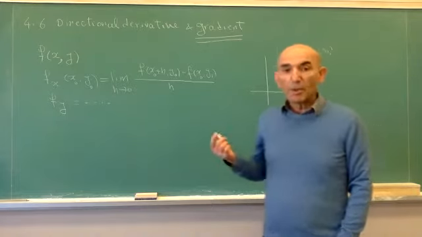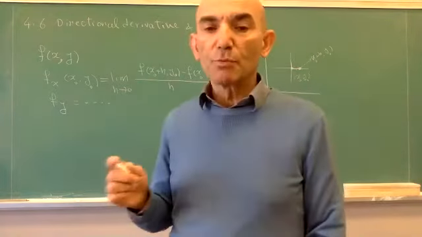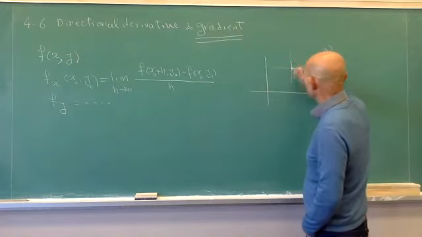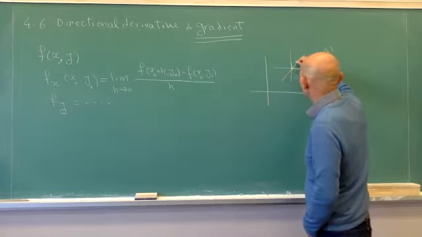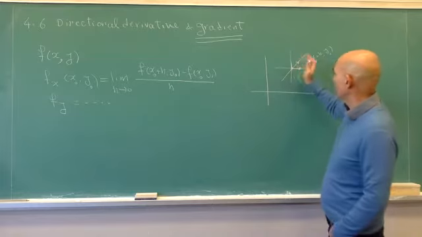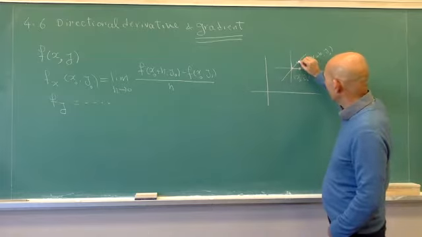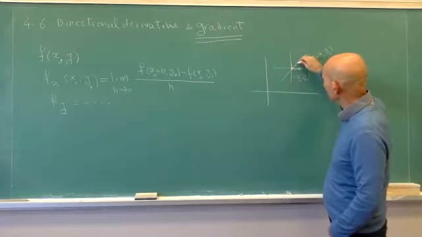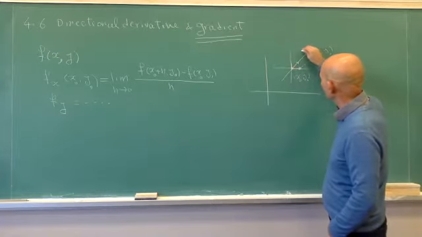Well, a possible generalization would be, instead of looking at this direction or that direction, let's look at an arbitrary direction, like u. Then we want to study the rate of change of f as you approach this point along this direction u.